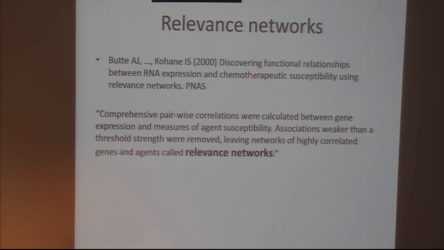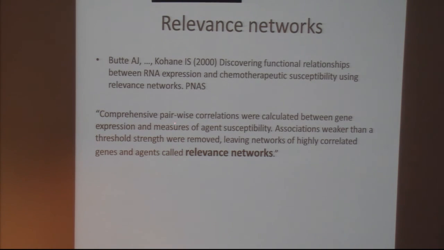This paper became pretty well known in our field: discovering functional relationships. That's what I've been talking about. Here it's not within the set of genes, but between RNA expression and chemotherapeutic susceptibility using relevance networks. Relevance networks was also a term that was, I think, coined in this paper. And it is worth reading.